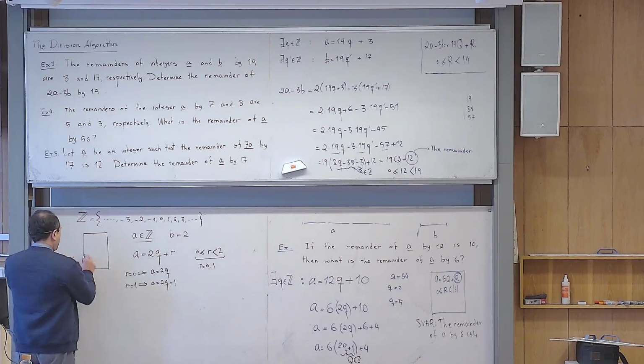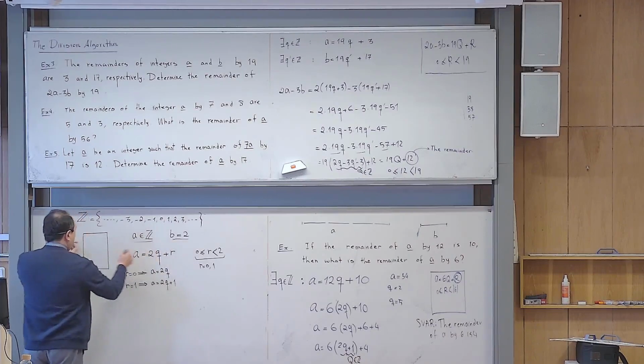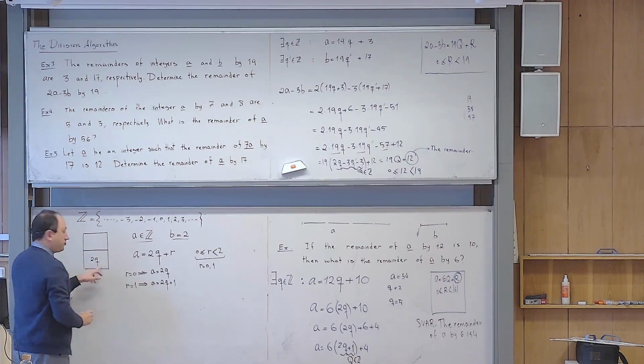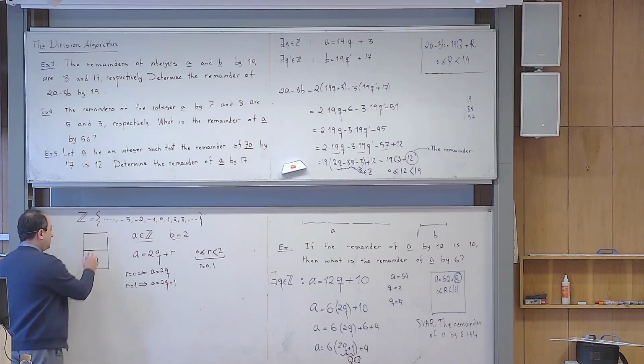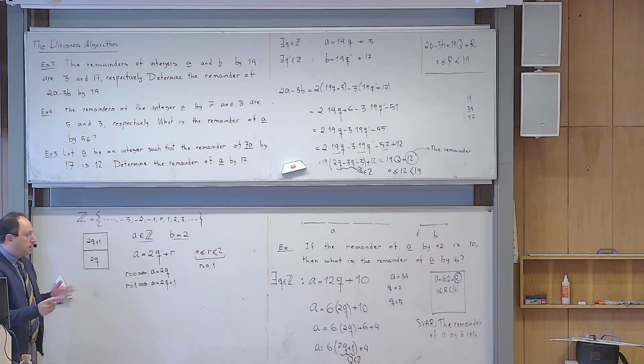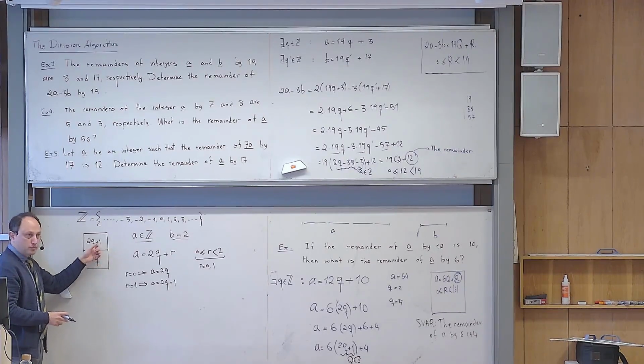So it means that this number 2 partitions this set into 2 floors. Okay, one floor are the numbers of this type, one floor are the numbers of this type. Yes? So what happened, I partitioned Z into 2 non-overlapping groups.